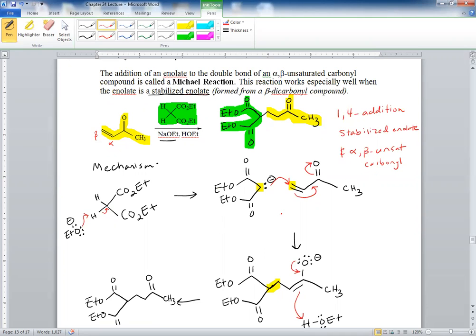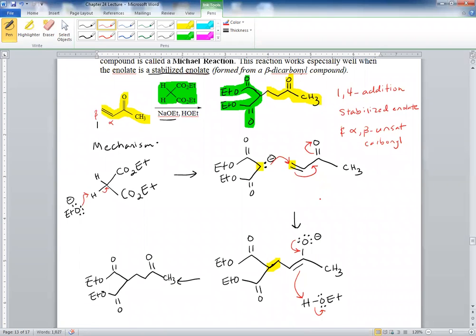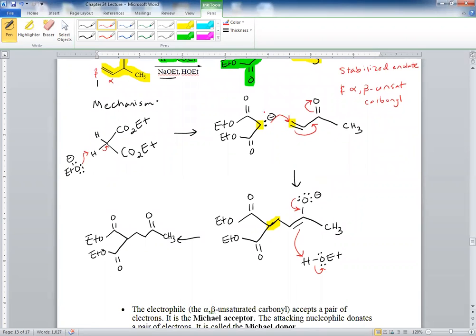So we need to also get into the terminology of the Michael addition. So the stabilized enolate served as a nucleophile. So this is a nucleophile, but we have also a name for it. We usually call it a Michael donor.